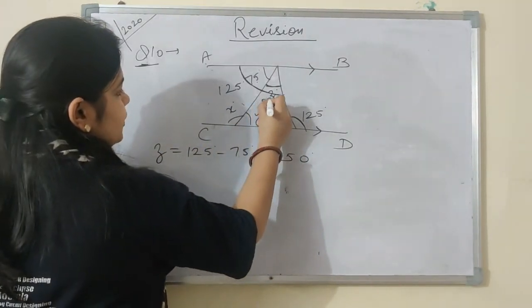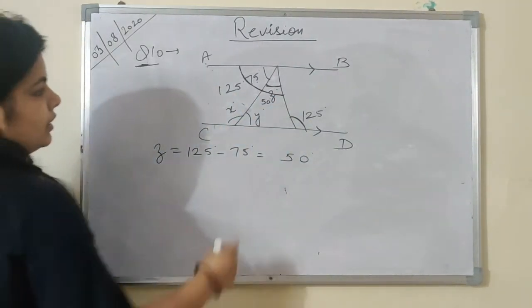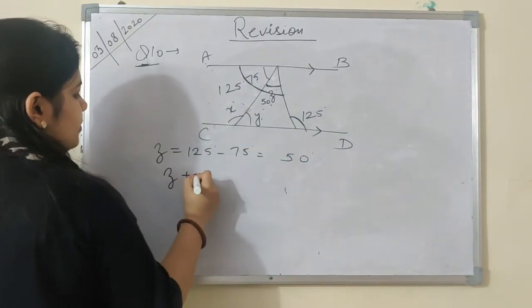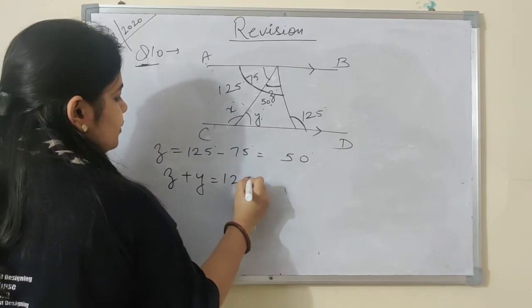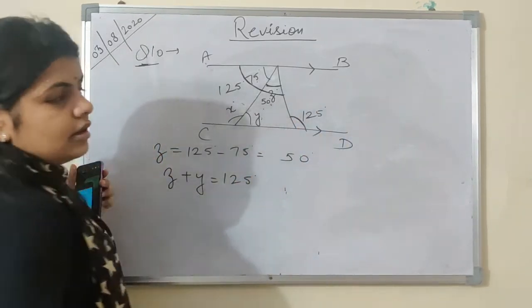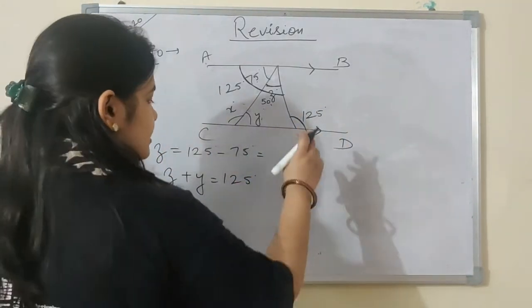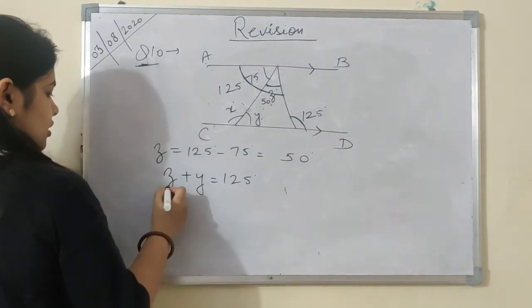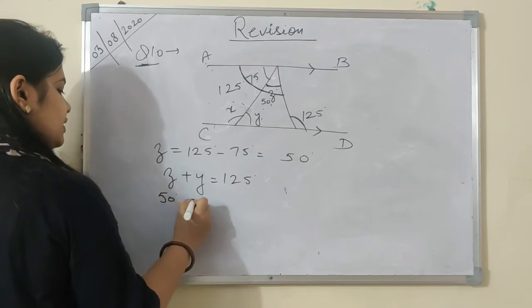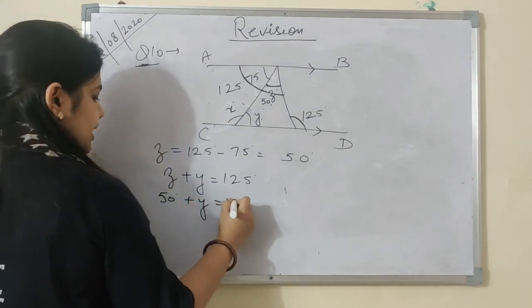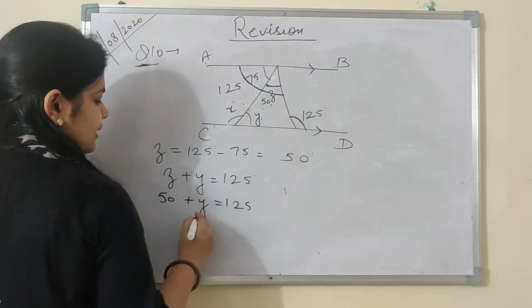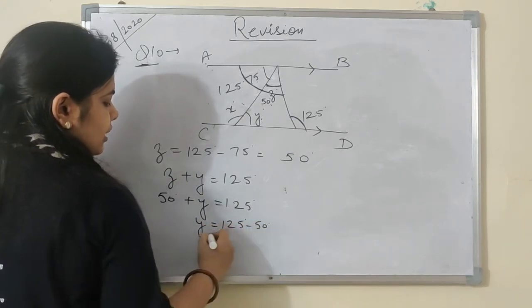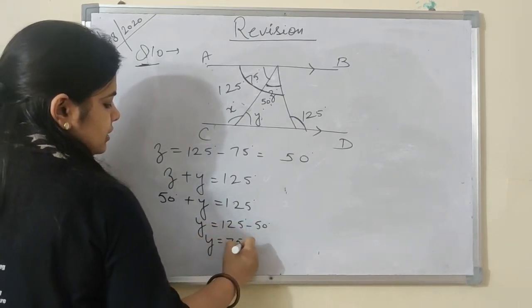After finding this as 50 degrees, we can apply the exterior angle property: Z plus Y is equal to 125 degrees, as this is acting as an exterior angle. Now in place of Z we can write 50, and Y as it is, then we will get the value of Y, that is the value of Y will be 75 degrees.